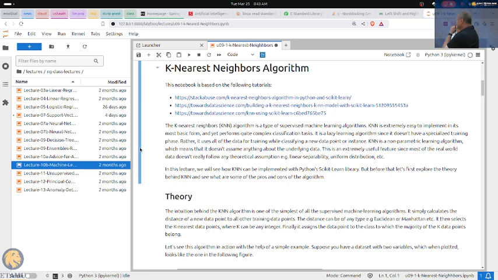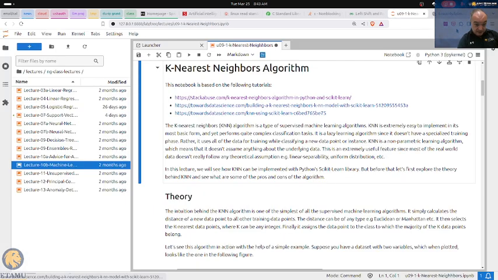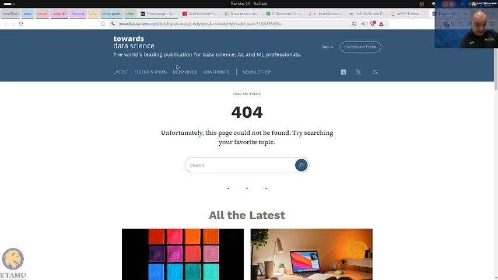There are a couple of links if you want to do a little bit of self-study. Most of this notebook comes from this material. Hopefully, I didn't get a chance to check if these are all still live links or not. Yeah, that one's dead, it looks like.